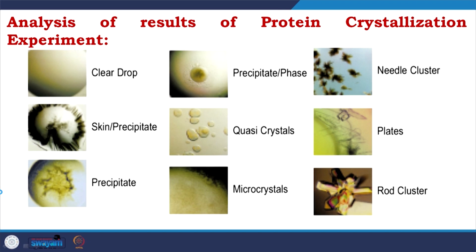You will many times see clear drop, you see precipitate, you see needle clusters, you see skin-like precipitation, quasicrystals, plates, microcrystals, rod clusters and whatnot. But with all those works, starting from, as I told, starting from the gene to protein, a huge journey which I am going to discuss now, and then you do the work with crystallization.